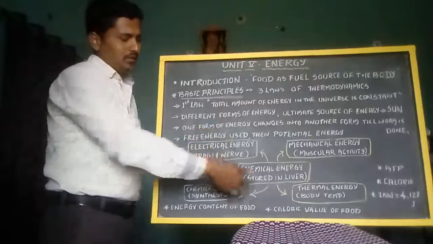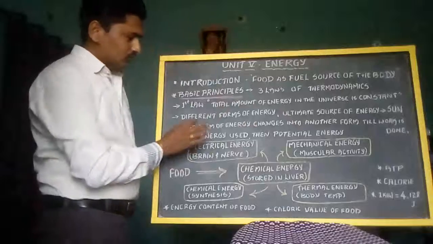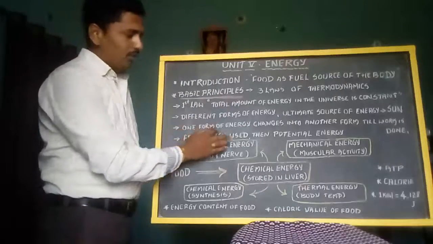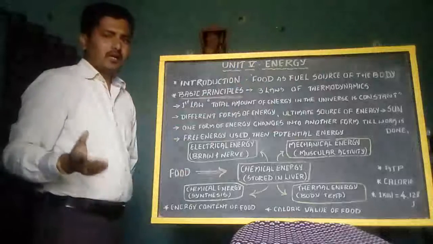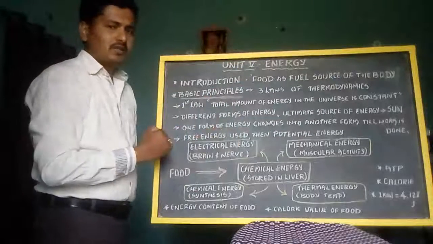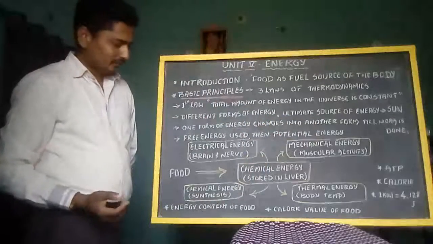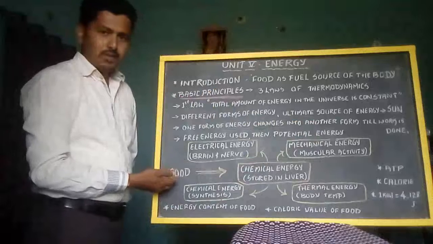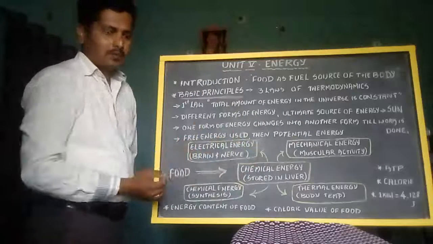Food can be converted into several types. One form of energy can be converted into another form until the work has to be done, and after that free energy is utilized first, then potential energy. This image indicates how food is converted into different forms.